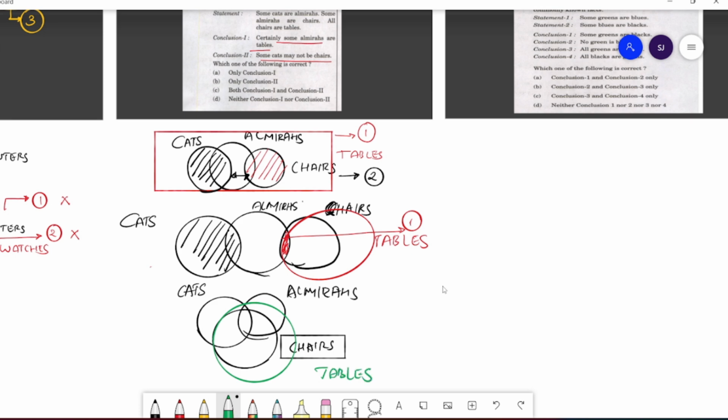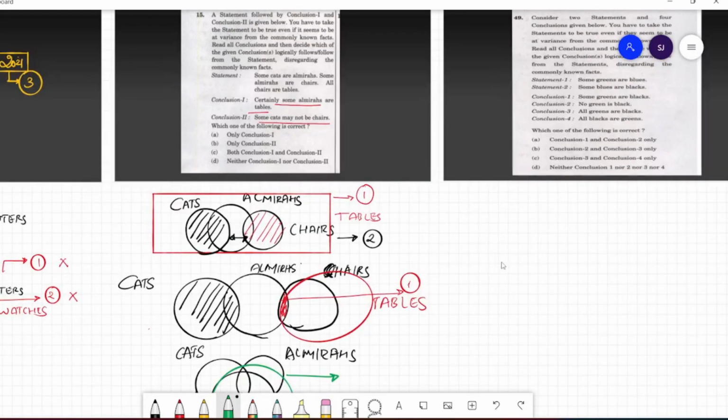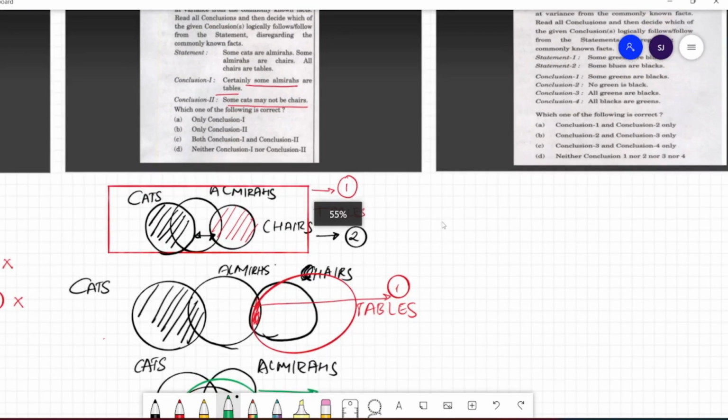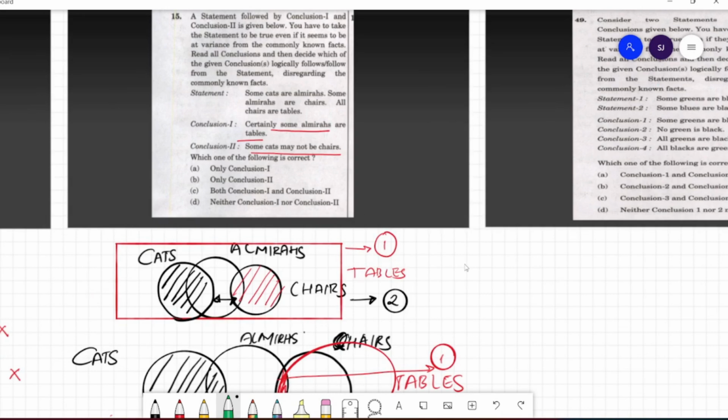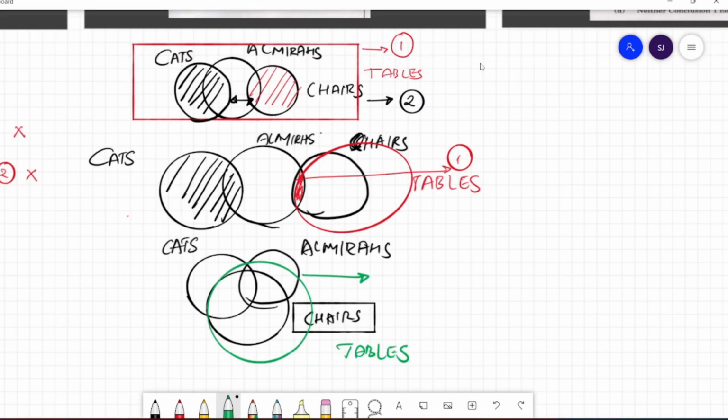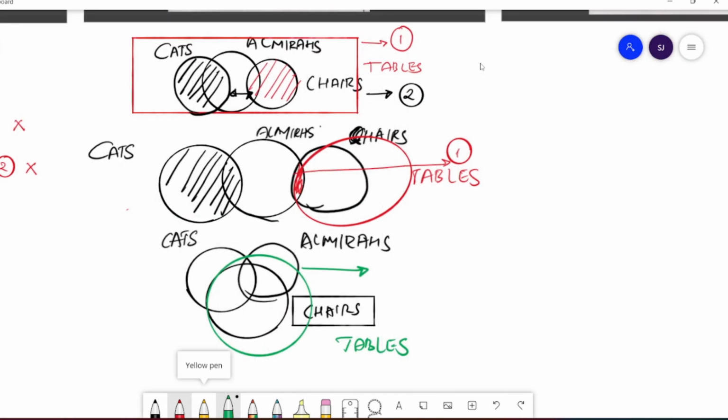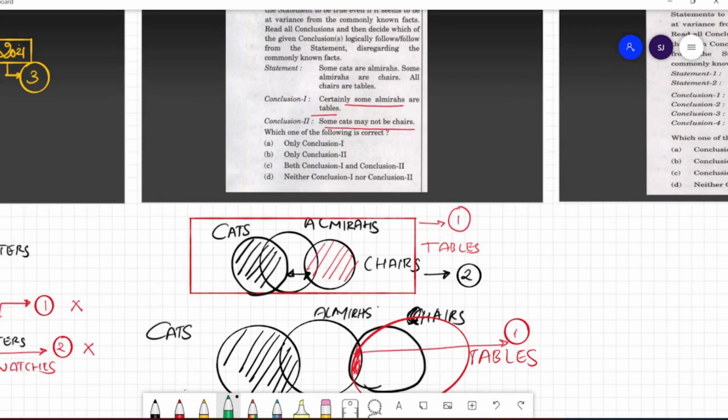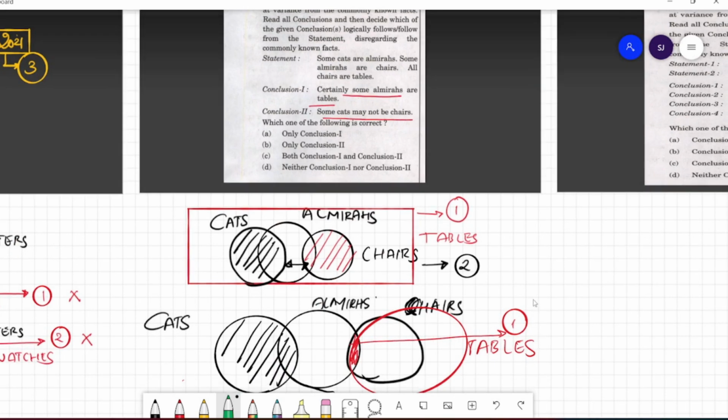So now you check each one. Certainly some almiras are tables, whether it is true. Yes, see here, look at this point. Certainly it is true. Statement 1, certainly some almiras are tables, is true. And the second statement, look at it, some cats may not be chairs.